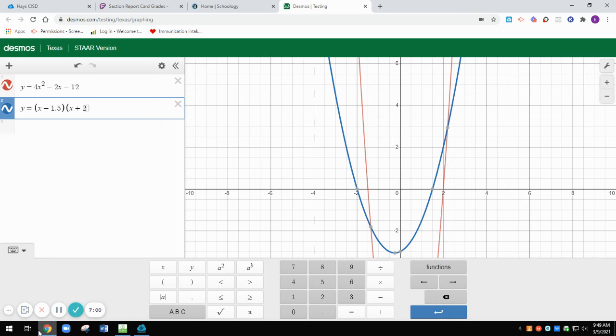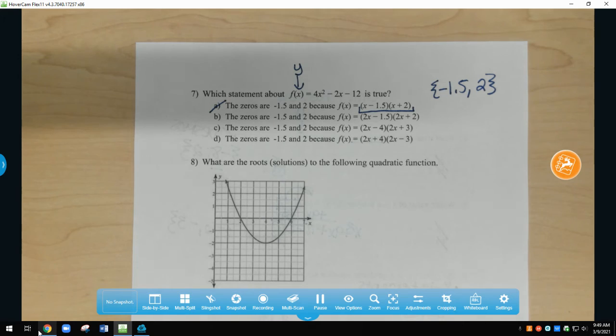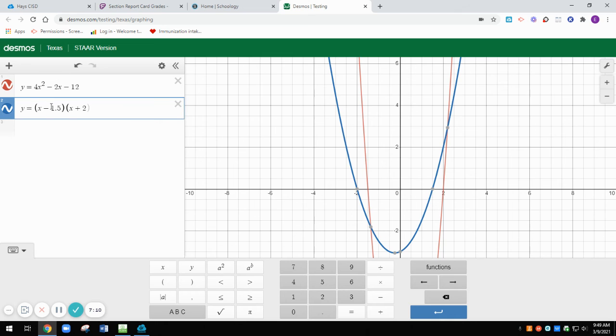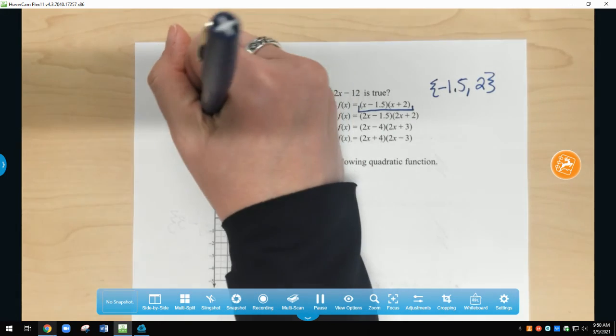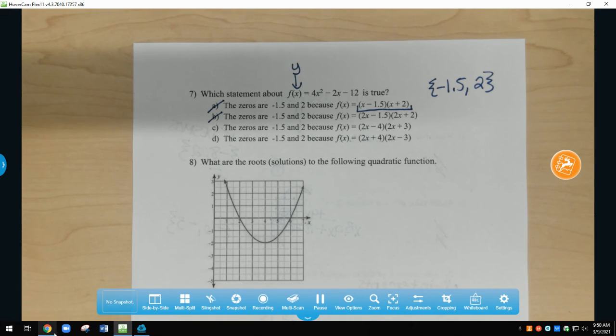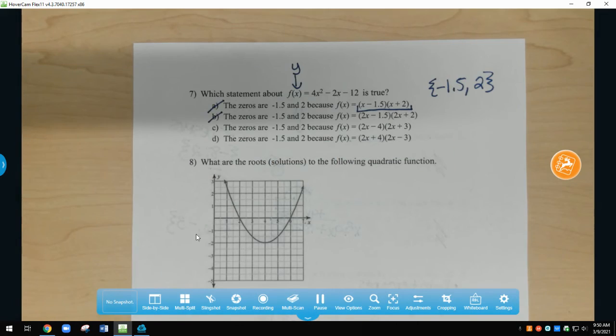That one does not overlap, so it can't be A. So now let's try B. So I have 2x minus 1.5 and 2x plus 2. That one also does not overlap, so it's not B. Let's try C. So we have 2x minus 4, 2x plus 3. That one, if you watch again, the blue overlaps the red, so our answer is C.